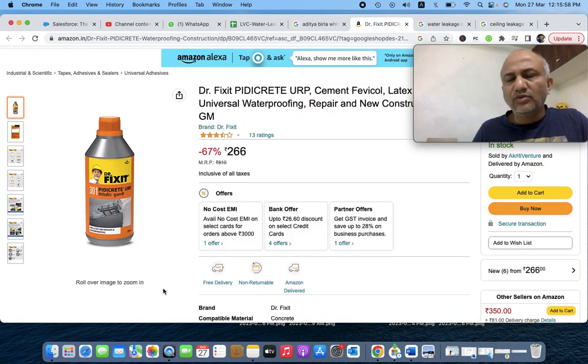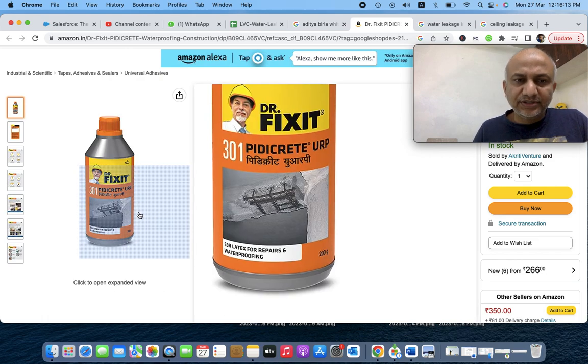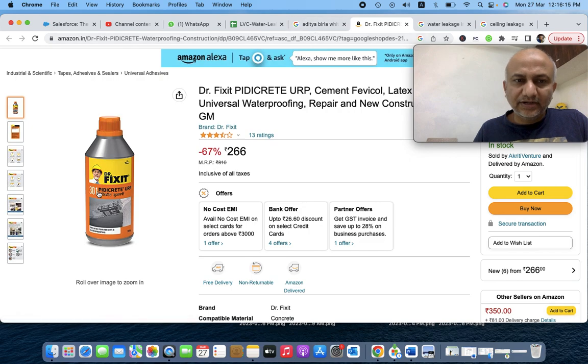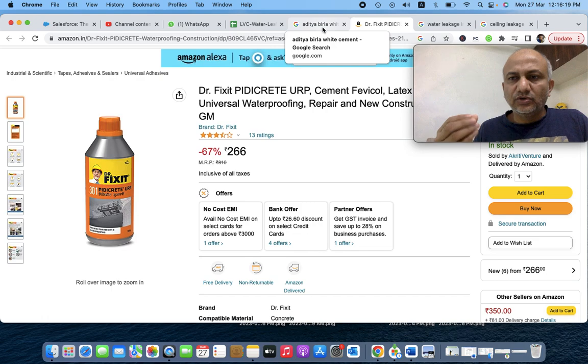See how much quantity you need, and accordingly take a call. Just like for making chapatis we prepare wet atta, that way you mix these two, the white cement and the Dr. Fix-It solution, and prepare a paste out of it.